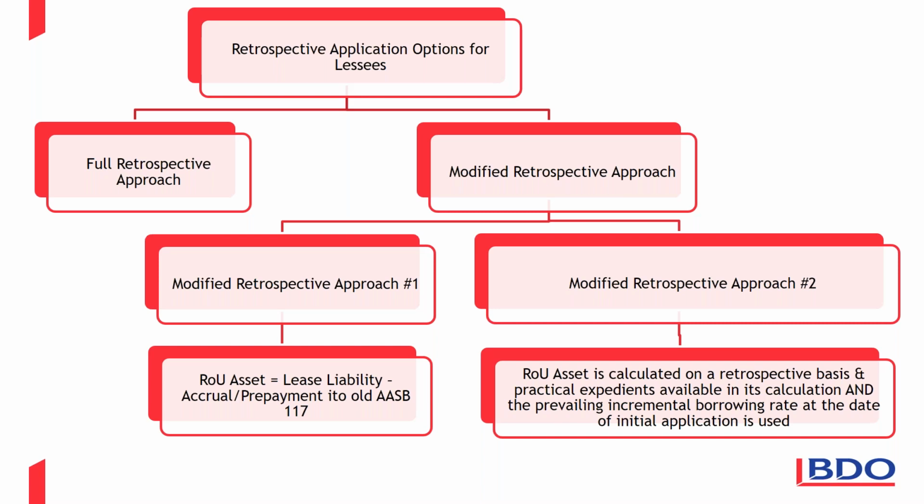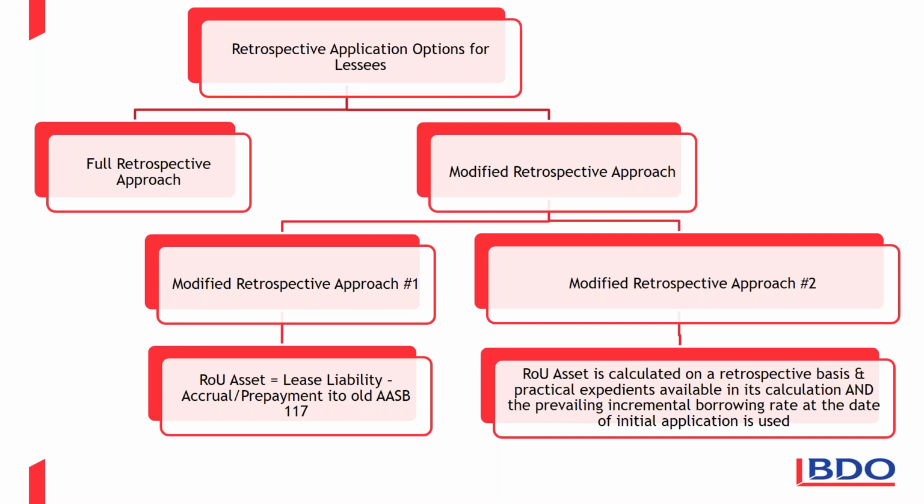And that is basically the approach where your right of use asset on the date of initial application equals the lease liability, less the accrual or prepayment that you've booked until 1 July 2019 in terms of the old AASB 117. So I might explain that a little bit more.